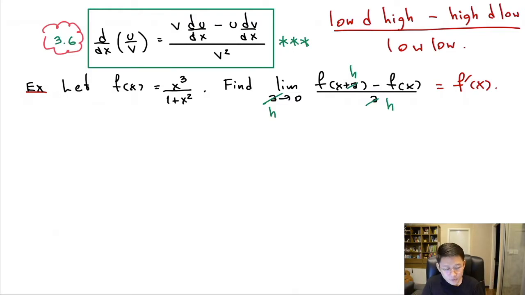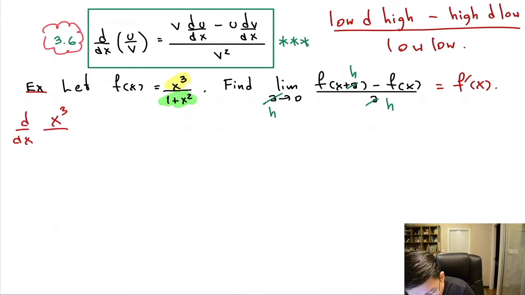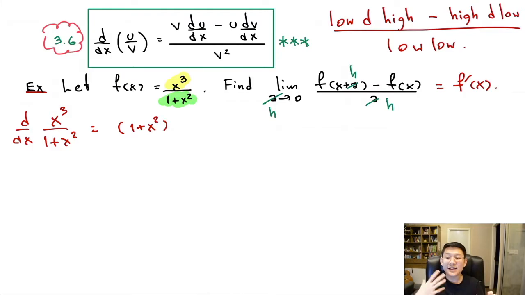Here, this is high and this is low. So if we want to find the derivative of x cubed divided by 1 plus x squared, what is it going to be? Low is 1 plus x squared. Low d high: what is d high? D high is 3x squared.